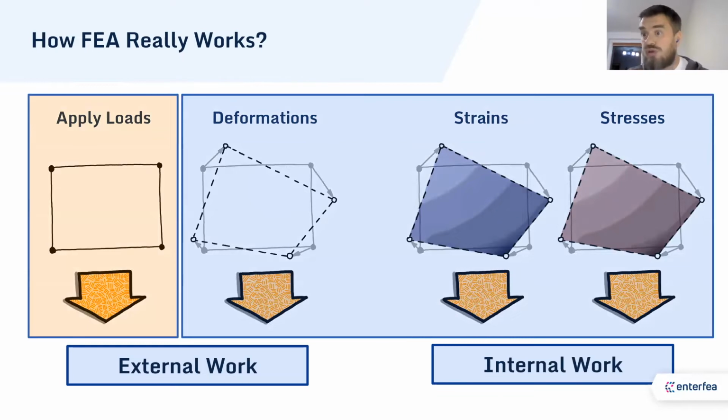What is important is that this value combines the input and the output. Note that the applied load is something you insert, while deformation, strains and stresses are something that you calculate. So you can say my input is tied with some portion of the output, and this should be equal to some other form of.